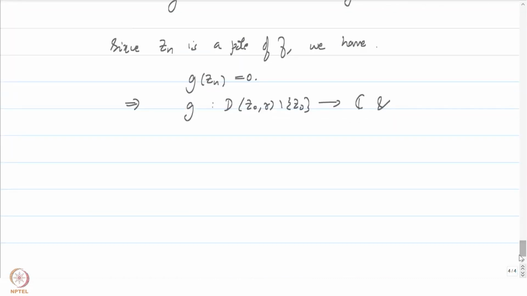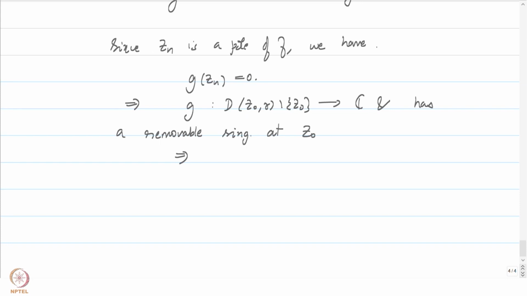Again, g is locally bounded in D(z0, r), which tells us that g has a removable singularity because it is bounded in a neighborhood of z0, which tells us that you can extend past z0 as well.